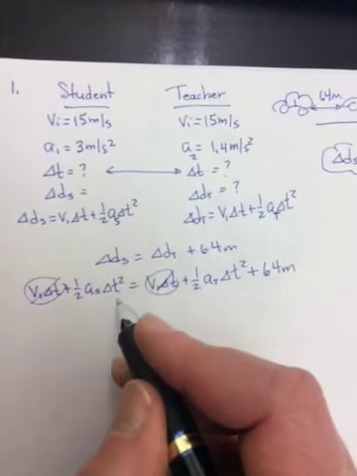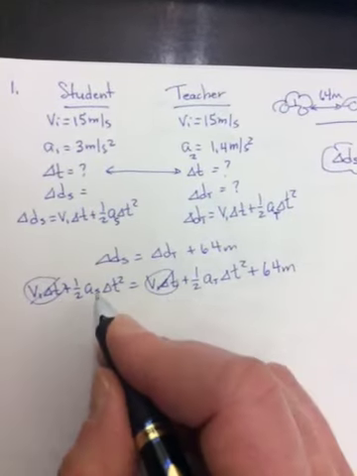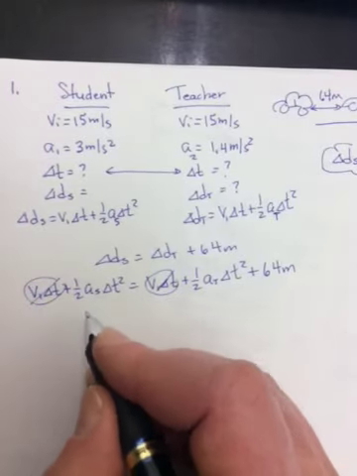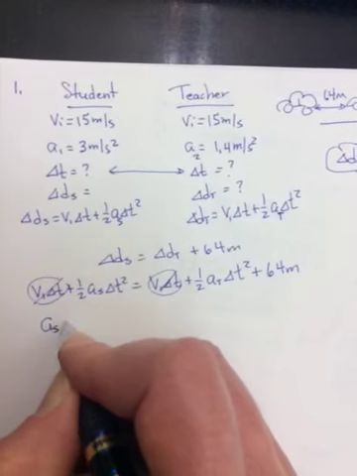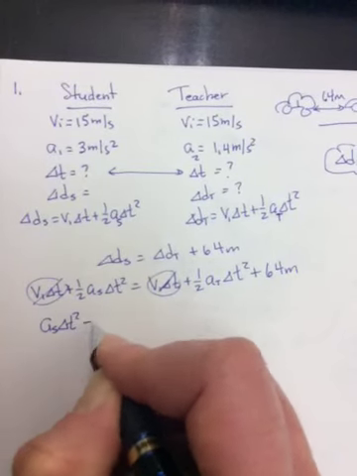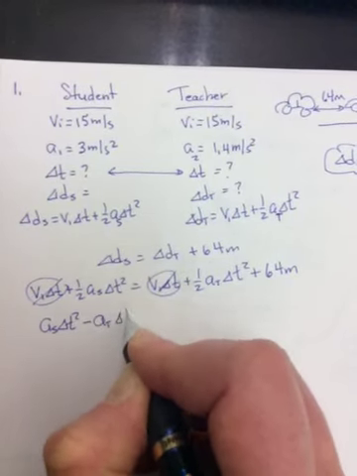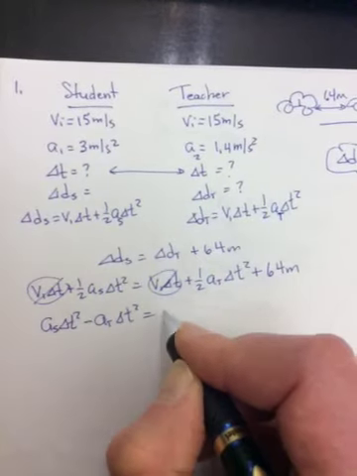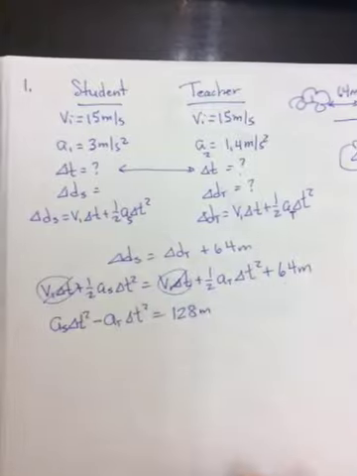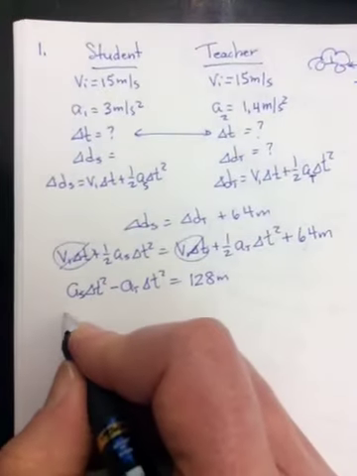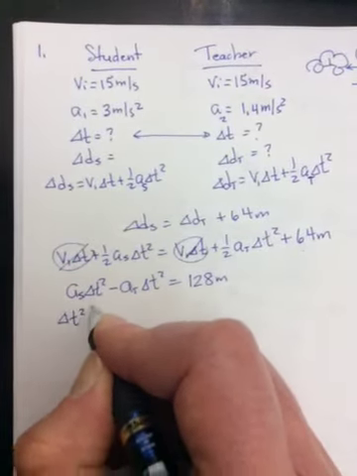So now bring your 1/2 A delta T squared over, so your T squares are on the same side. And I might multiply by 2 while I do that. So A of the student, delta T squared, minus A of the teacher, delta T squared, is going to end up equaling, multiply this by 2 as well, 128 meters. And now we use that little trick we've been using, factor out the T squared.